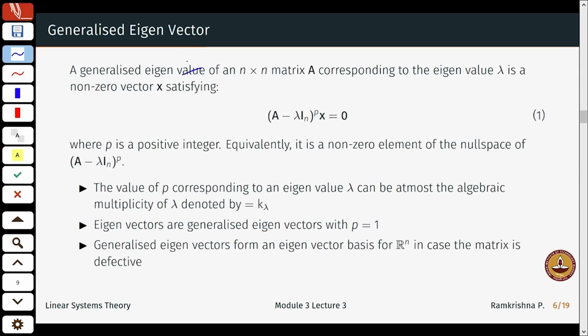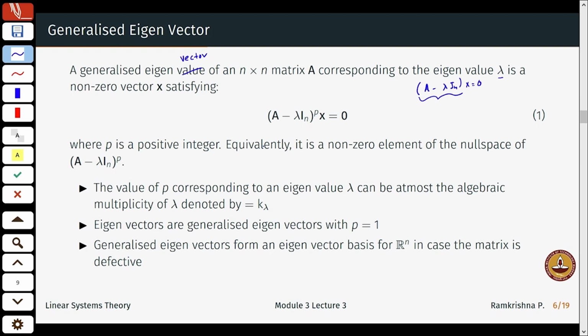A generalized eigenvector of an n cross n matrix A corresponding to a certain eigenvalue lambda is a non-zero vector x satisfying this. What was the traditional thing that we did? (A minus lambda I_n) times x was equal to 0. Okay. If I do it this way, I do not get n independent eigenvectors. So I look at the higher powers of the matrix A minus lambda I_n, where p is a positive integer.